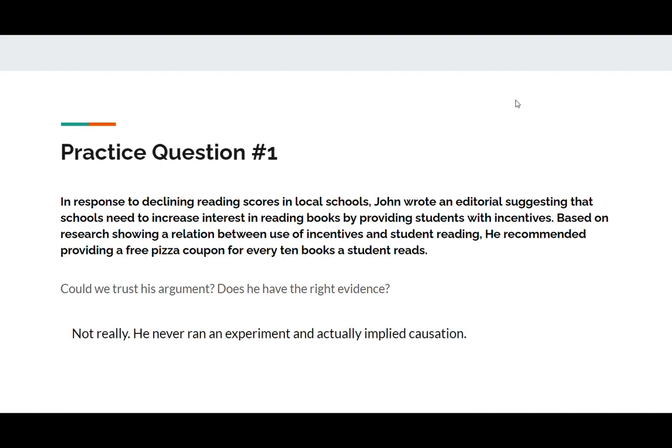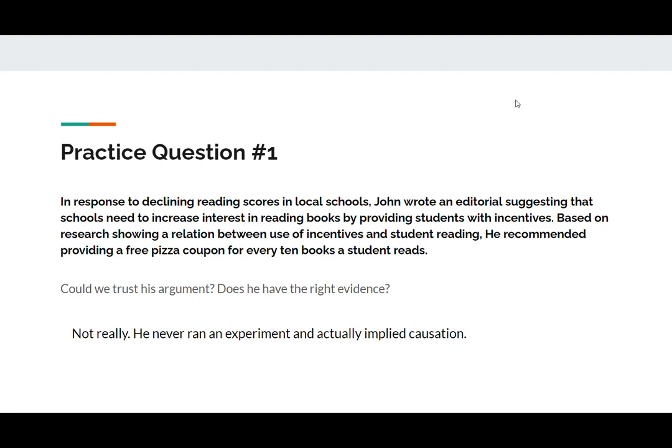Our answer could be, it doesn't really matter what your wording is for this answer, but it basically means we can't really trust his argument because he never ran an experiment in the lab or did a survey among the entire school, and he actually implied causation. This is something we could never do, and association doesn't equal causation.